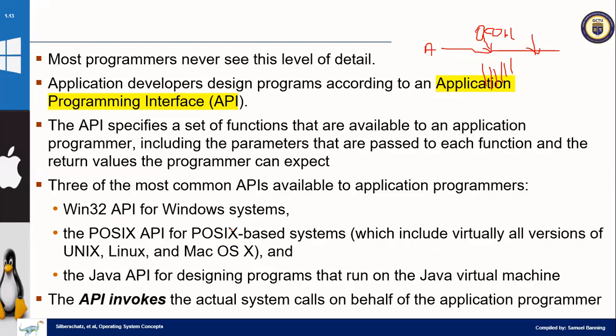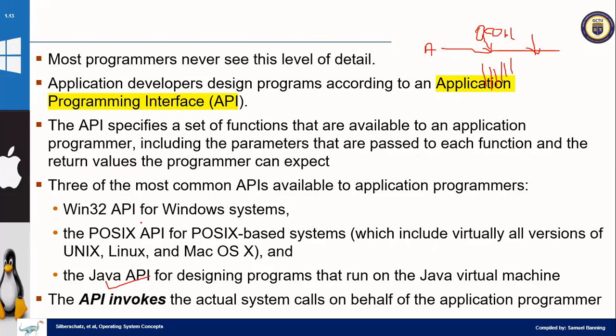This is for POSIX-based computer systems like Linux, Unix, and Mac OS. Then we have the Java API. This is the Java virtual machine. I'm sure if you have done Java programming before, you know of the Java API. So these are the most commonly used APIs that programmers are familiar with.